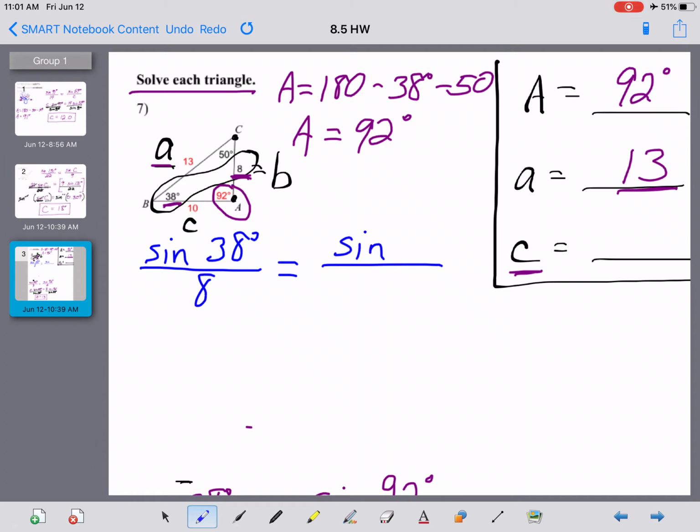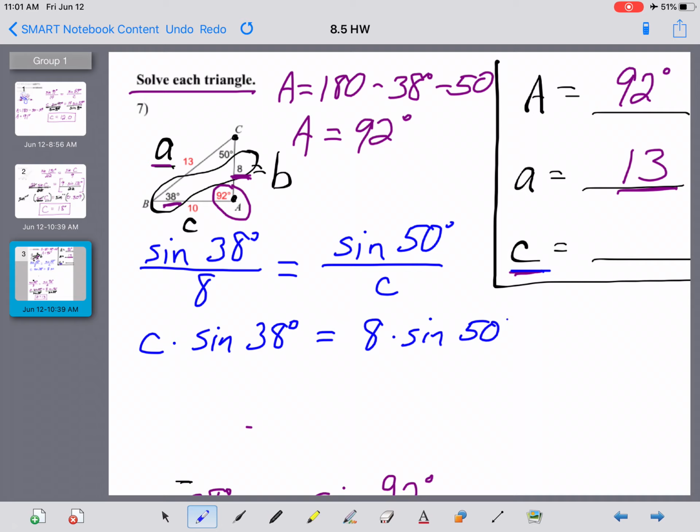But now we're focusing on little c. So I need the sine of angle C, which is 50 degrees, divided by its opposite side, which is little c. Let's cross multiply. Little c gets multiplied by the sine of 38 degrees, which equals 8 multiplied by the sine of 50 degrees.